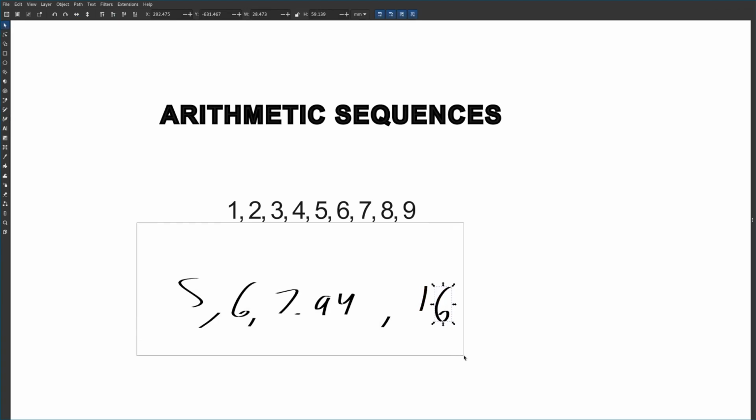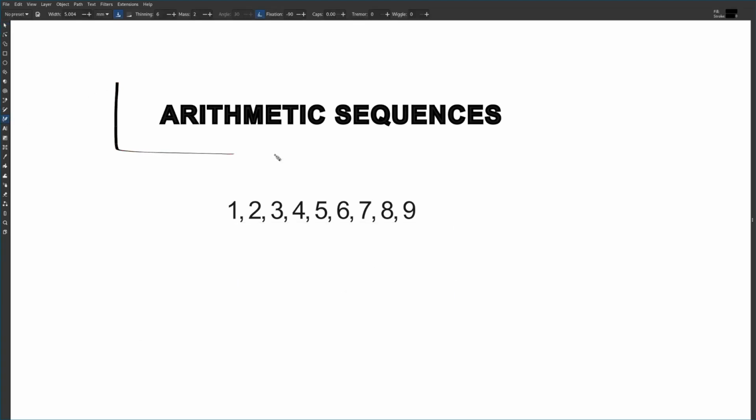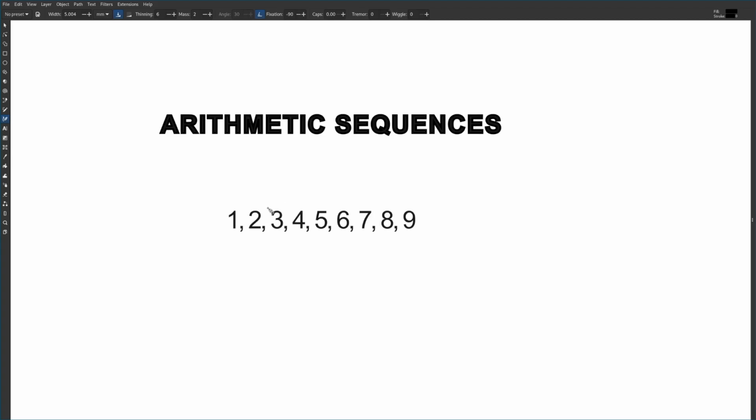But the arithmetic here specifies that there must be a common difference, which is called D. A common difference here that we see is just 1. It's what you add or subtract every time. So add 1, add 1, and so on. That's the common difference.